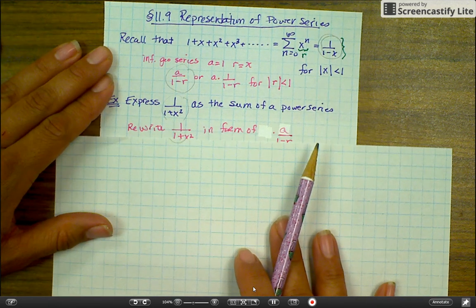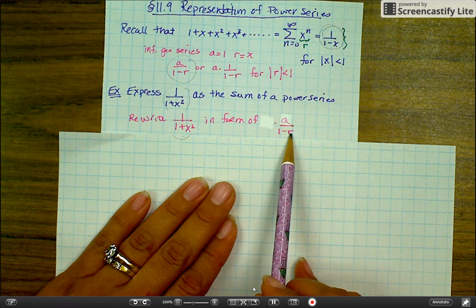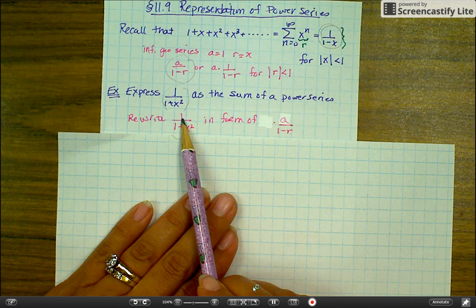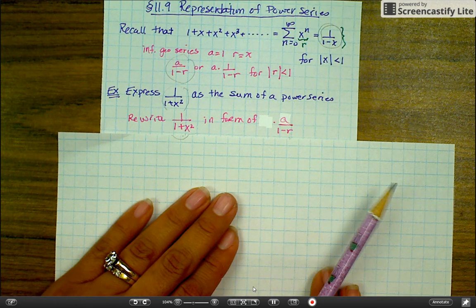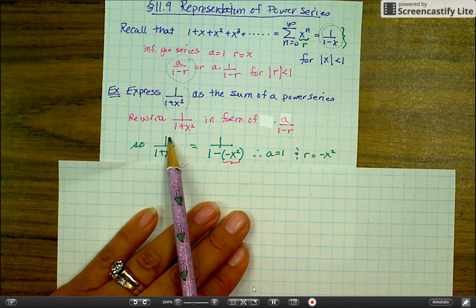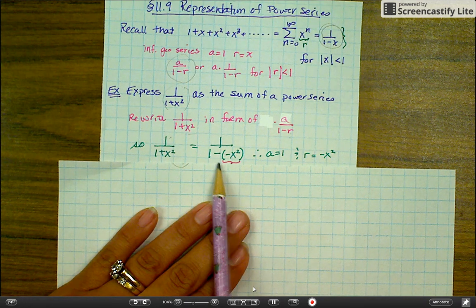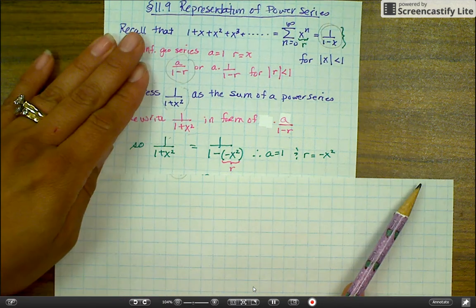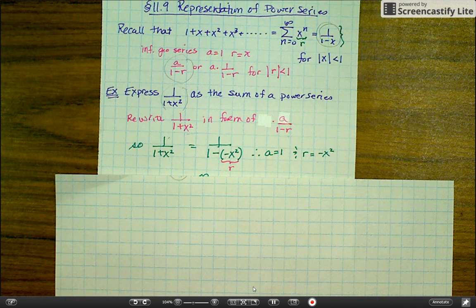So I can rewrite it in a form where I subtract an r. My a would be 1. I can take 1 over 1 plus x squared and rewrite it so that I subtract negative x squared, and negative x squared is then my r.